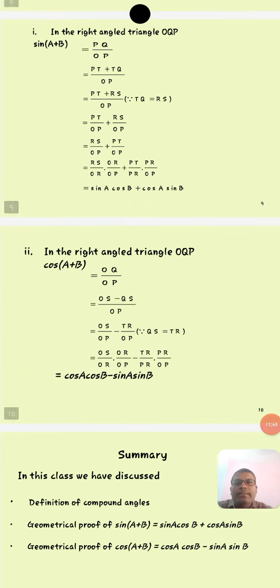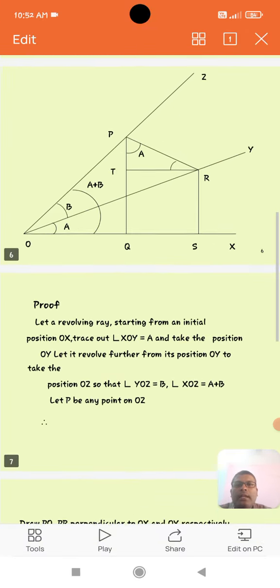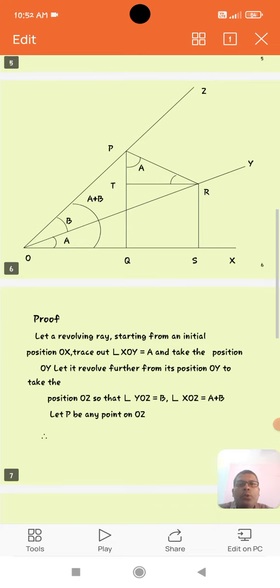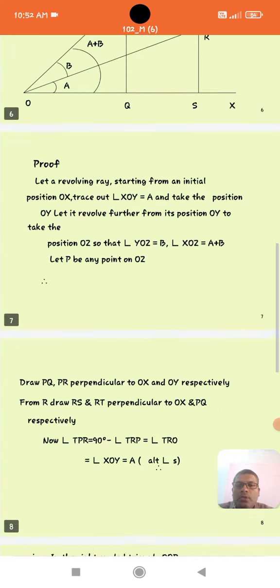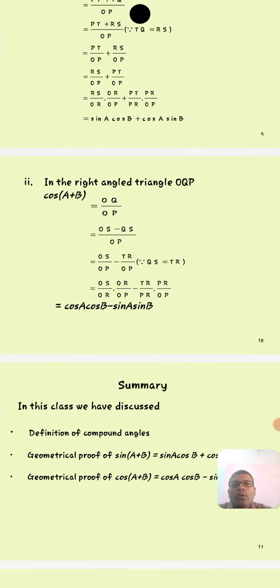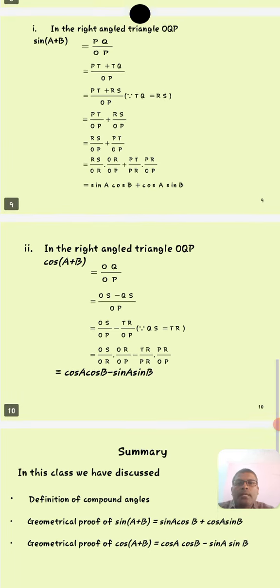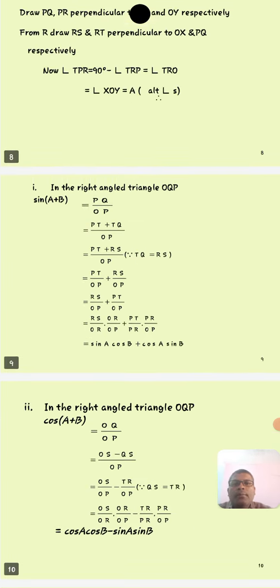In the same way, for the second one, in the right angle triangle OQP, cos of A plus B is equal to OQ divided by OP.